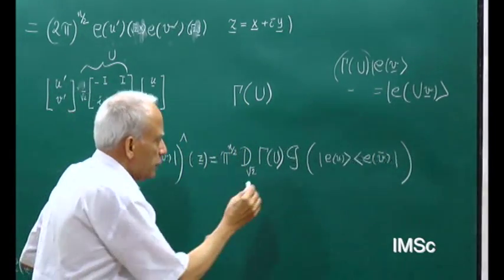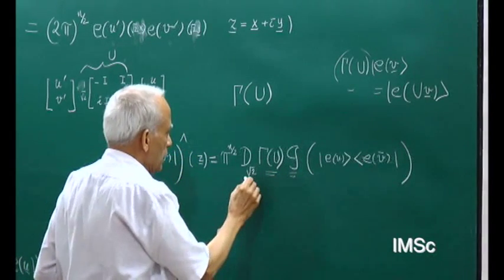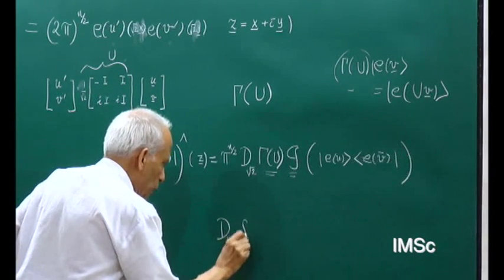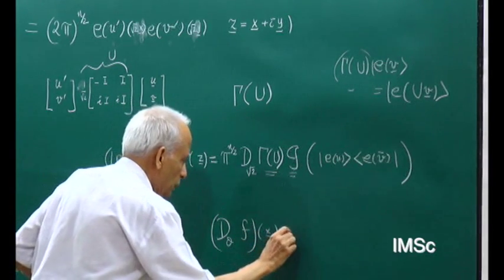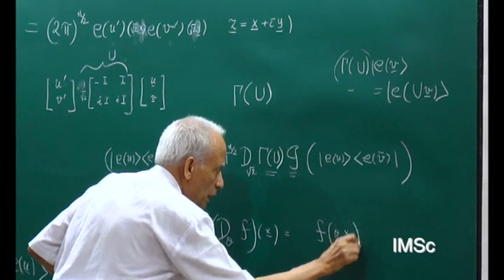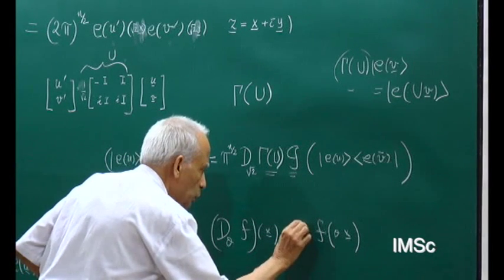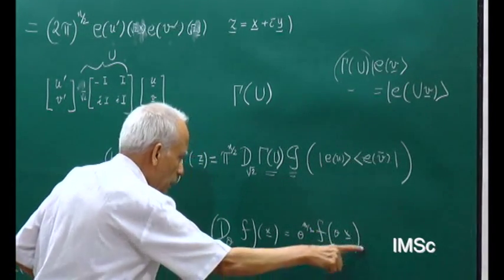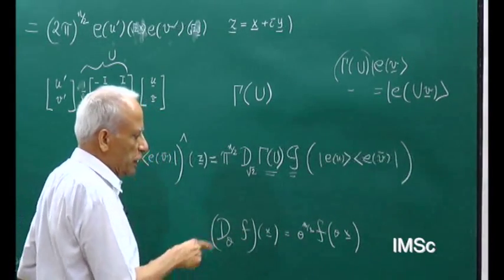But you note that this is a Hilbert space isomorphism. Gamma u is unitary. This is dilation. Dilation means D theta applied to f evaluated at x. If it is in n dimensions, this is f applied at theta x, and then theta to the power n by 2. That is dilation by theta, and this is unitary. And D theta 1, D theta 2 is D theta 1 theta 2.